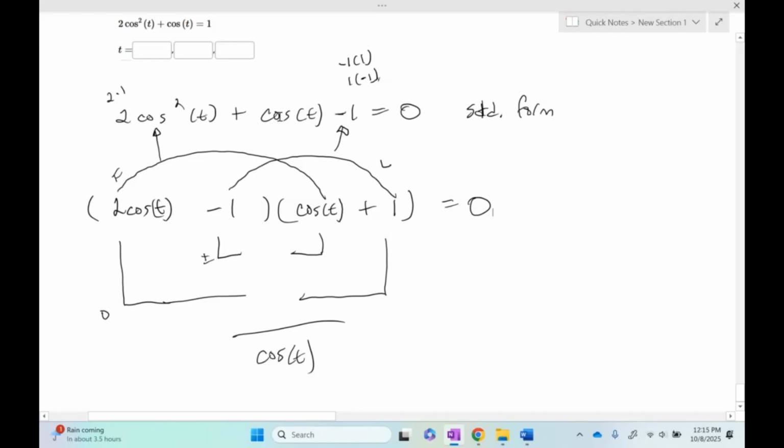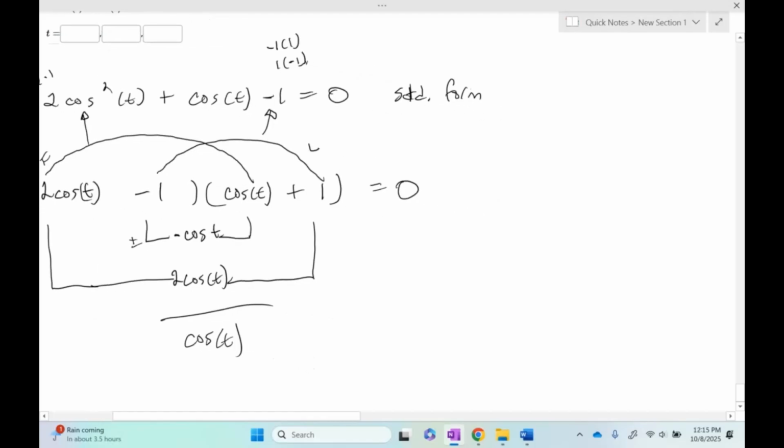The trick is the middle term. To make sure our middle terms match up, I'm going to multiply our outermost terms. 2 cosine t times 1 is still 2 cosine t. -1 times cosine t is negative cosine t.